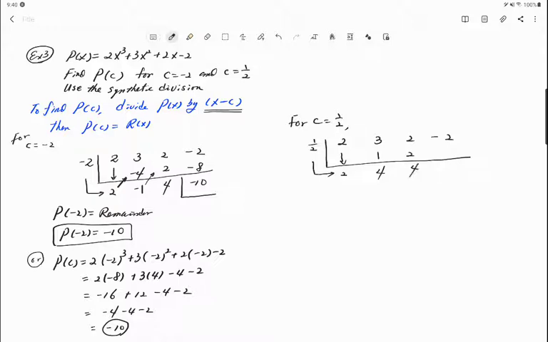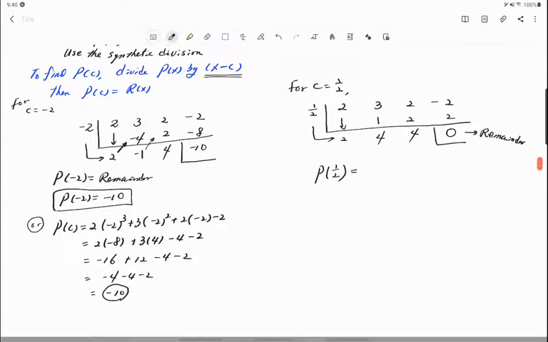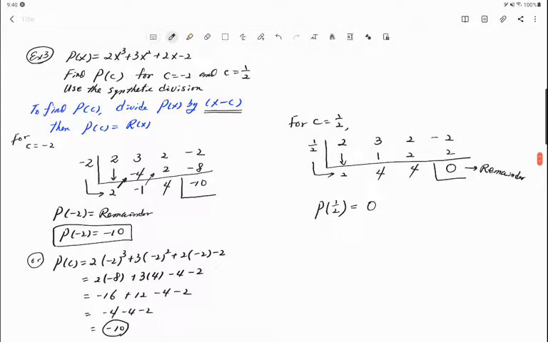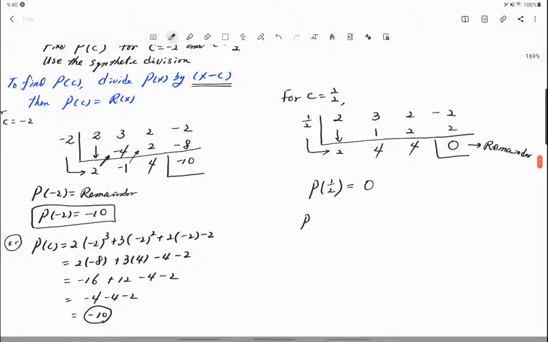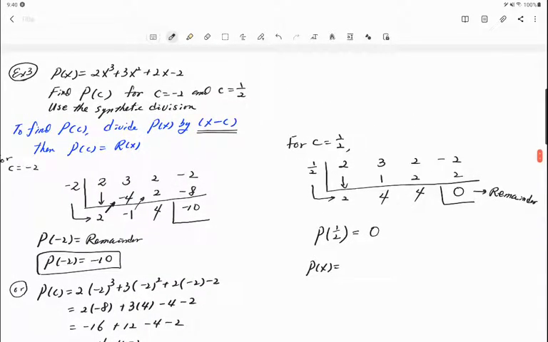Another 4, multiply, 2. Then add it, 0. Look at this. The remainder is 0. So when you plug in 1/2 for x, the answer will be 0. The remainder. So when you do this by plugging in, it really takes time because I want to get f of c.